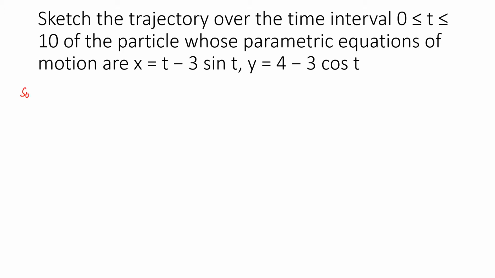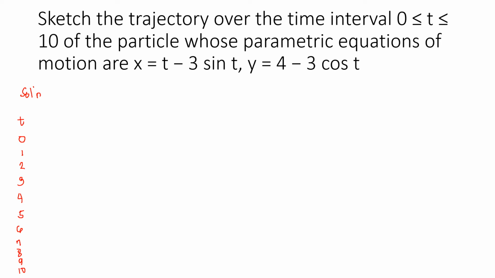Since the restriction is t greater than or equal to 0 but less than or equal to 10, we are going to substitute t by the numbers from 0 to 10: t equals 0, 1, 2, 3, 4, 5, 6, 7, 8, 9, and 10.